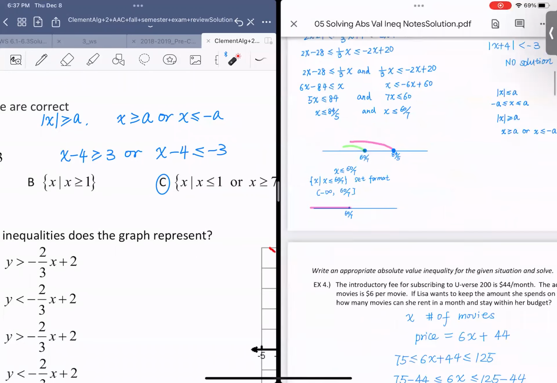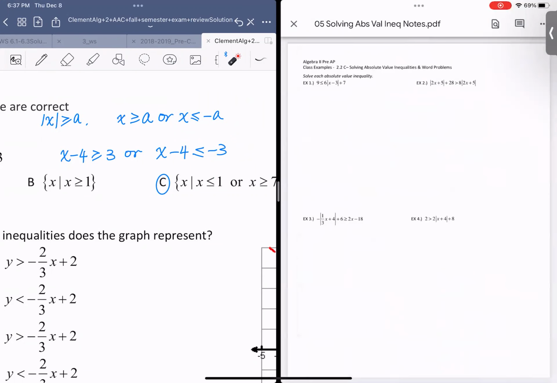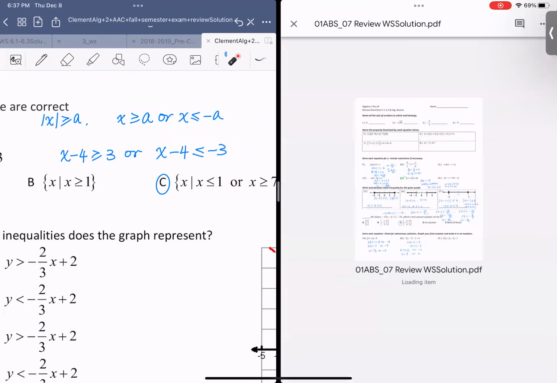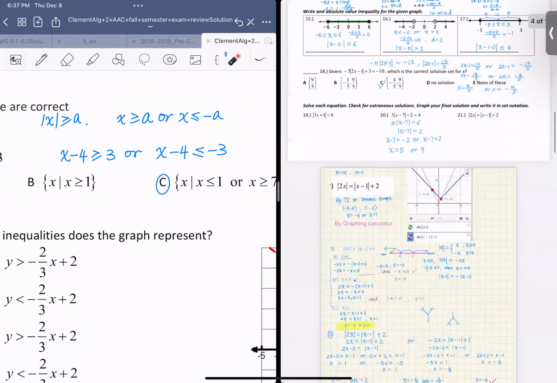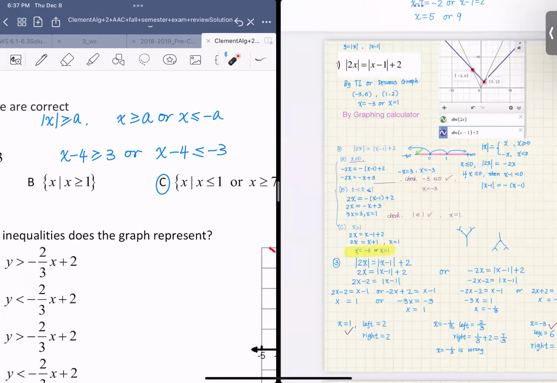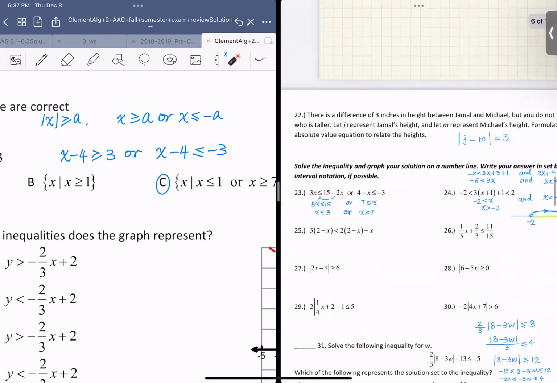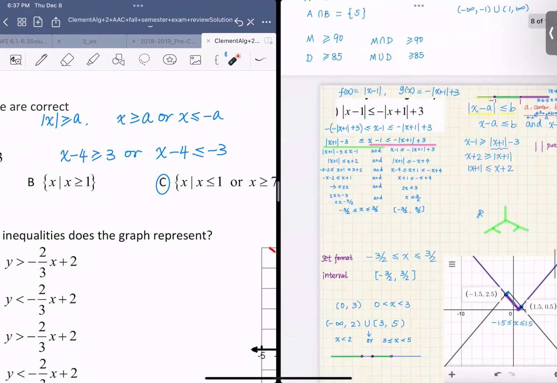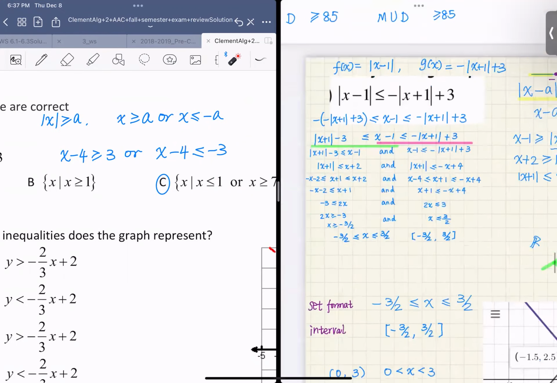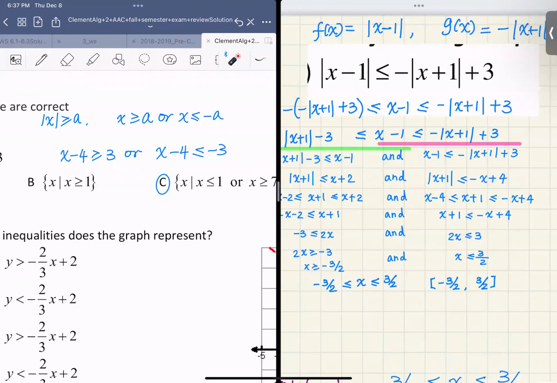We talked about how to solve this. During the summer we practiced some hard questions. Look at this. We did this equation, and then we did this, right? Those inequalities. Look at this. On both sides, you have this absolute value.